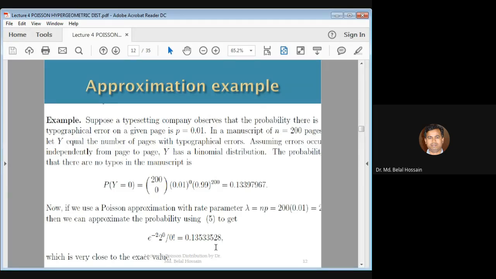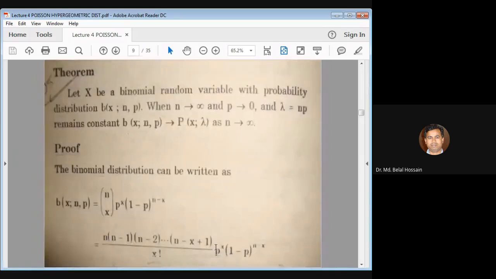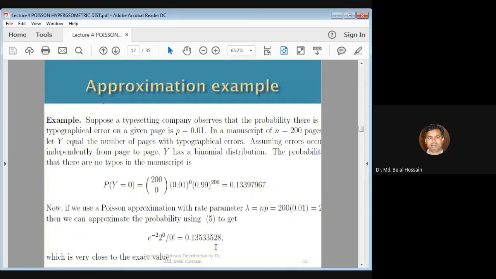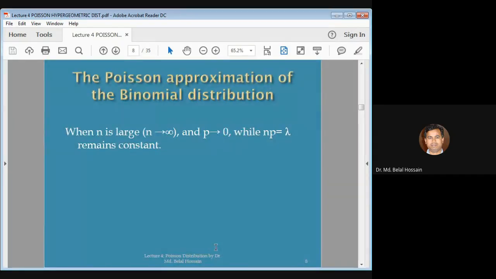So in those cases you can find the probability either by the Poisson distribution or by the binomial distribution, whichever suits you. When n tends to infinity, these two distributions are very close. This is called the approximation of the Poisson probability to the binomial.